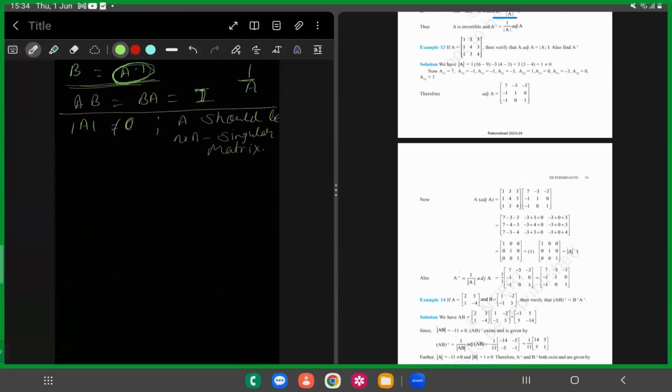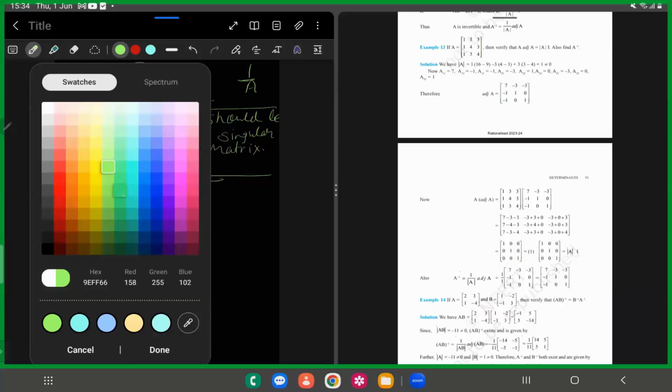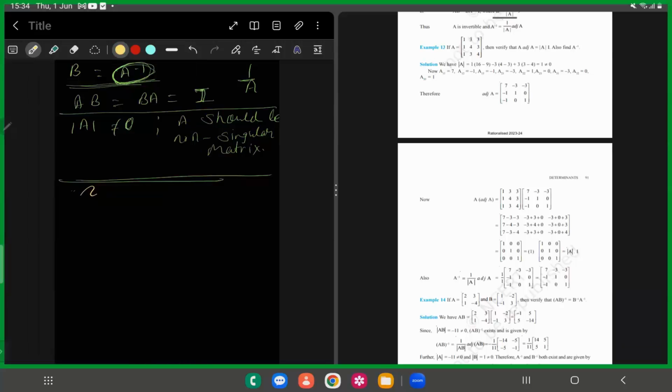So from the above property, we had derived one important property, that is A into adjoint of A is equal to determinant of A times the identity matrix.